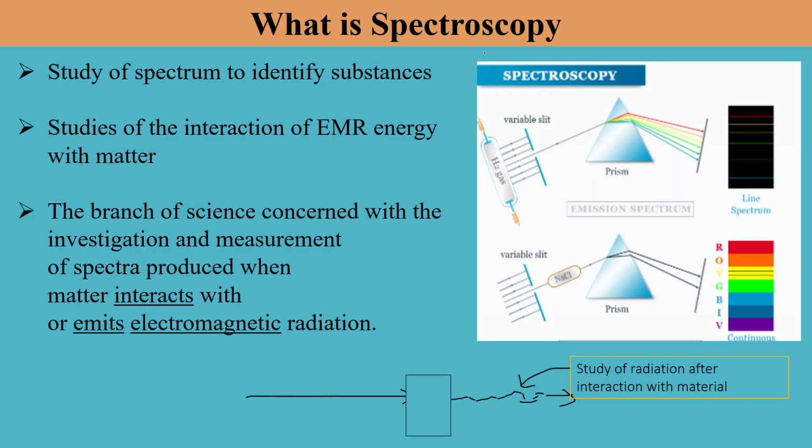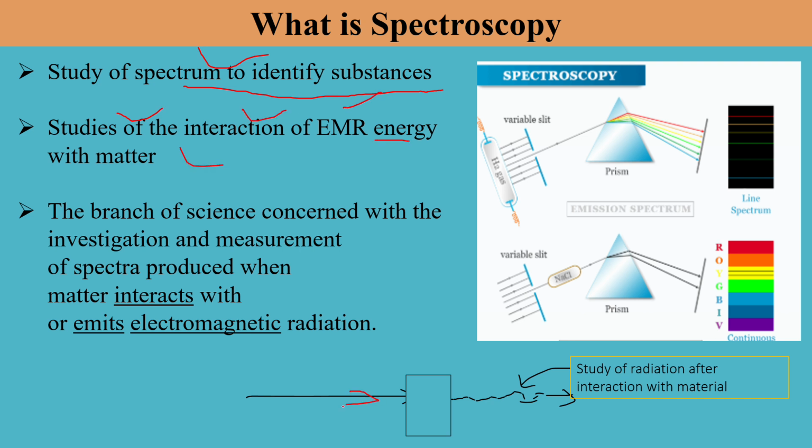Now, what is spectroscopy? Spectroscopy is the study of a spectrum. I have defined the spectrum in the previous slide. The study of the spectrum is called spectroscopy. This may also be defined as the study of the interaction of electromagnetic radiation energy with matter.